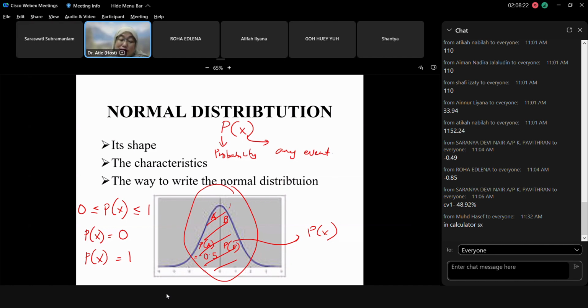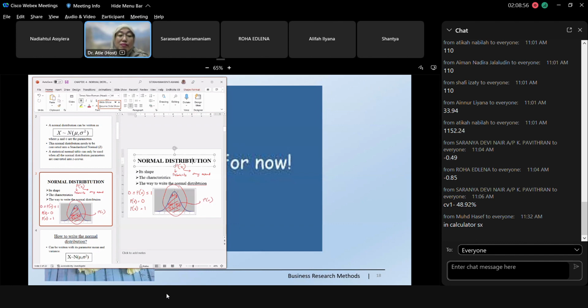Nadiatul, what is the probability for area B? The area B, what is its probability? Yeah, should be 0.5.